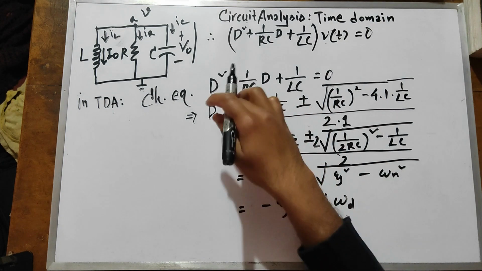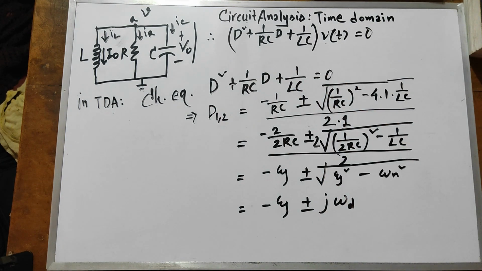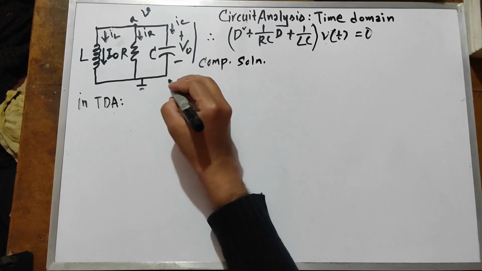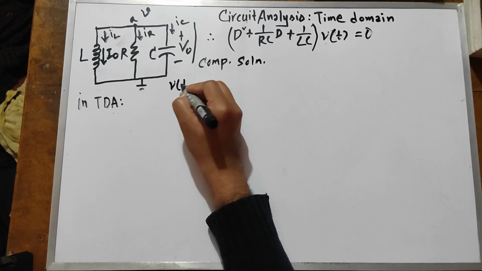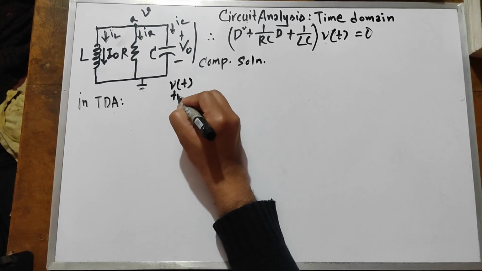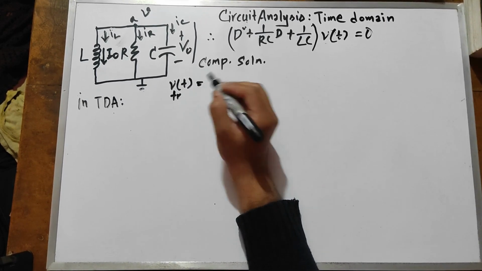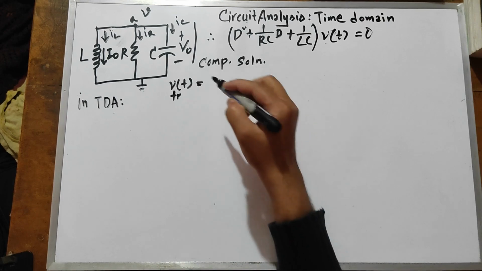These are the two roots of the second order polynomial, or the characteristic equation. Now we're going to find the complementary solution. The complementary solution is also called the transient response of an LTI system.